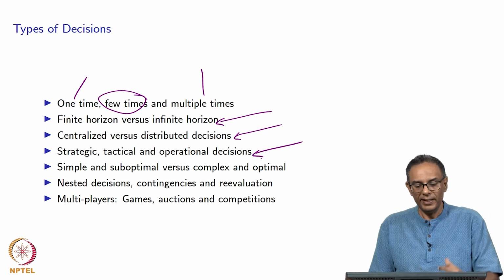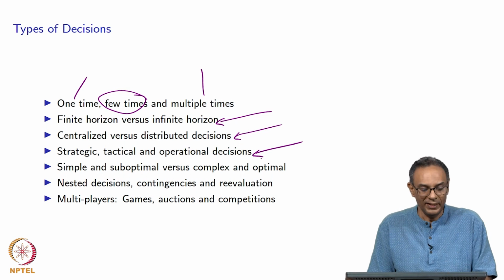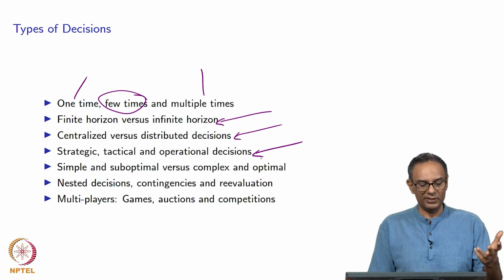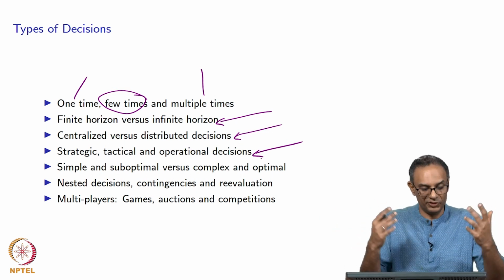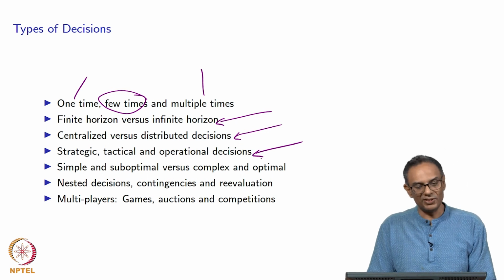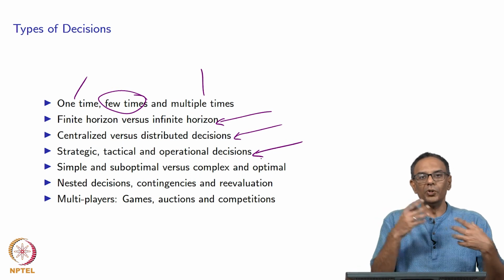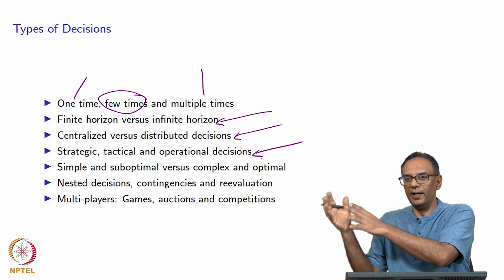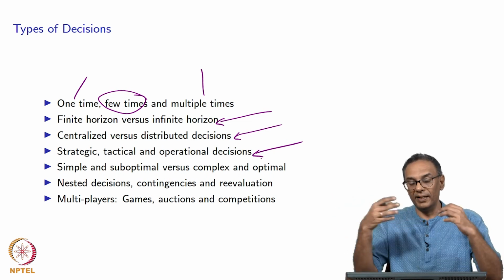Strategic decisions are decisions that you make usually one time or once in a while. Like for example, do I want to install, let's say, a wind farm in my village? So that is a strategic decision. Then I make tactical decisions, such as who do I write contracts with in terms of taking the wind farm energy and the yearly contracts I might make with a utility company.